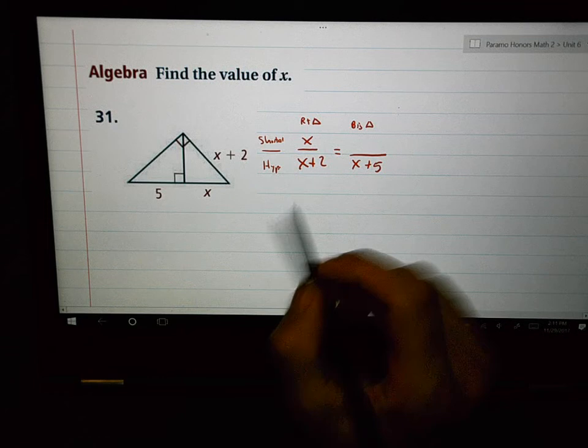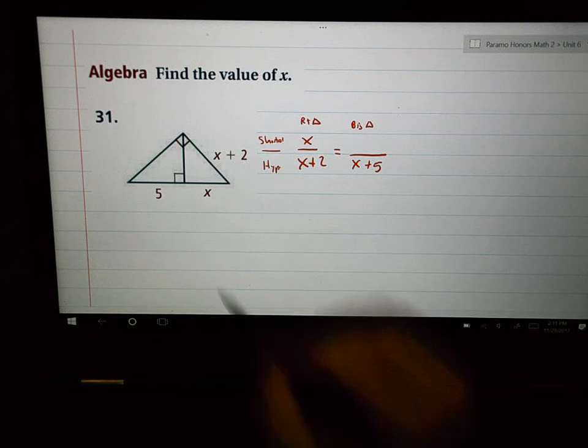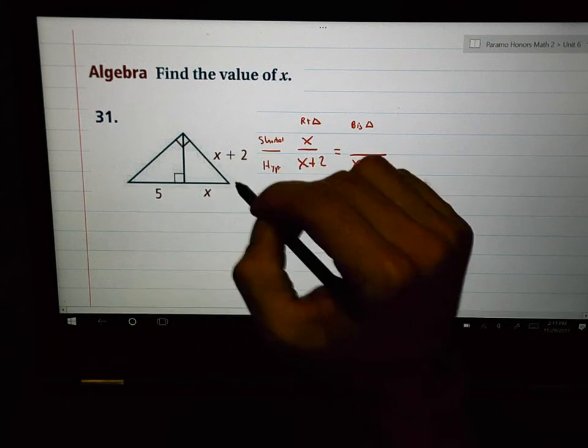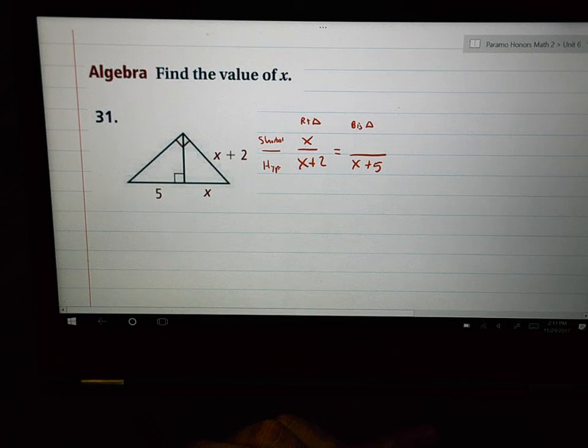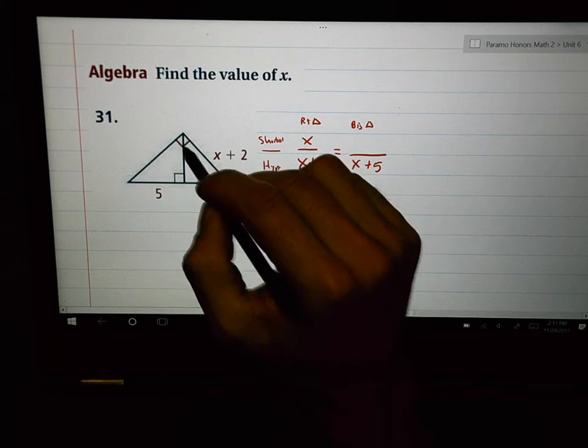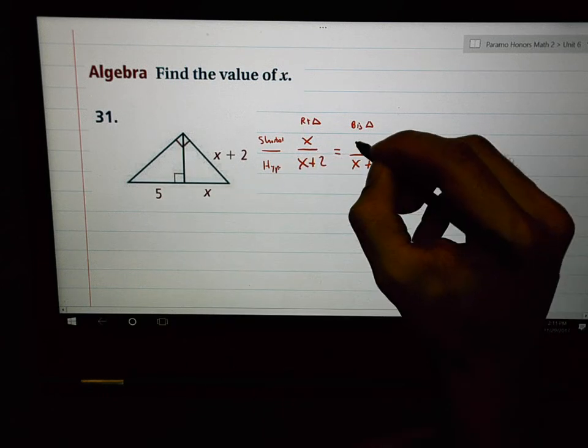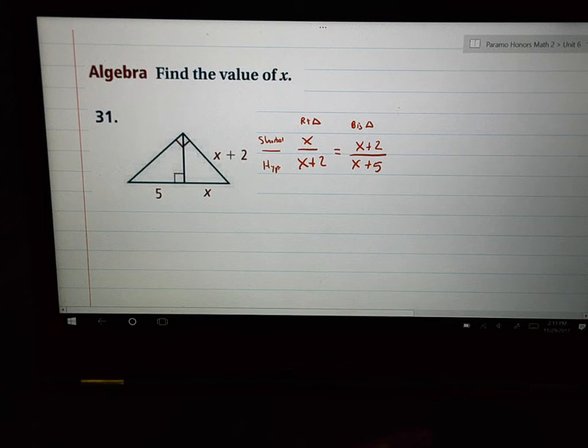I also need the shortest side of this one right here. Shortest one, this is x plus 2. Now when you look at this problem, I mean, that looks ugly, nasty. Let's have a little bit of fun.